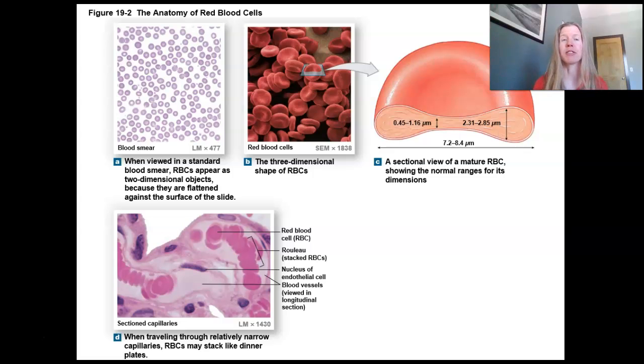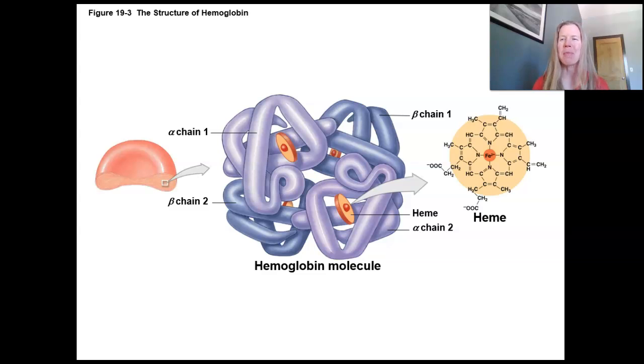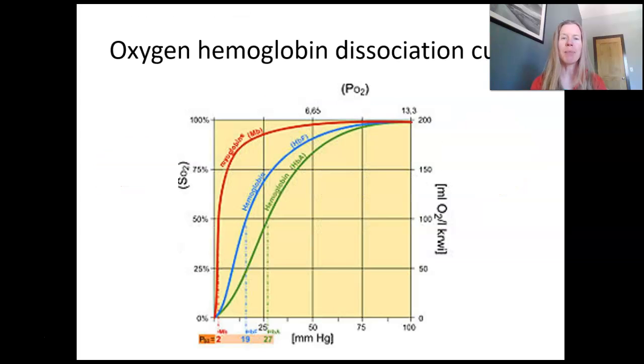Different diseases might have different reasons why that's happening, but key is understanding the role of the red blood cell, which hopefully you'll remember, right? The big deal here is that each of these cells is filled with molecules of hemoglobin. Each hemoglobin molecule carries 4 oxygen molecules, and that, of course, is the main role of hemoglobin, is to carry both oxygen and carbon dioxide in a reversible manner.